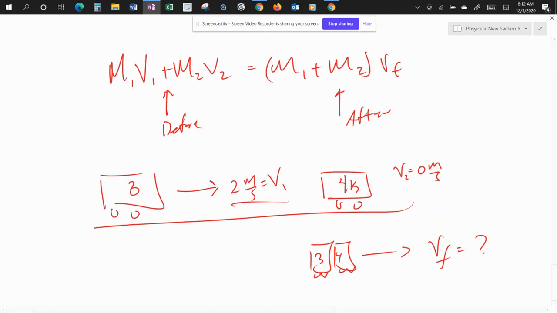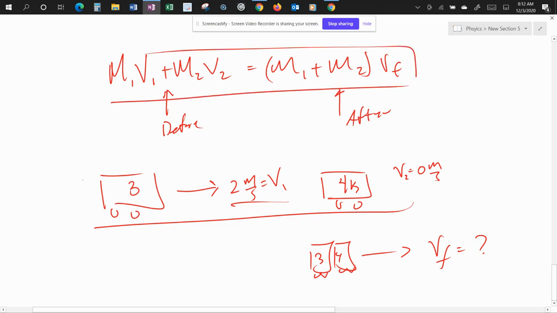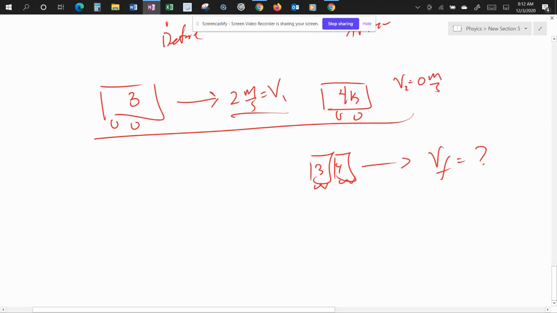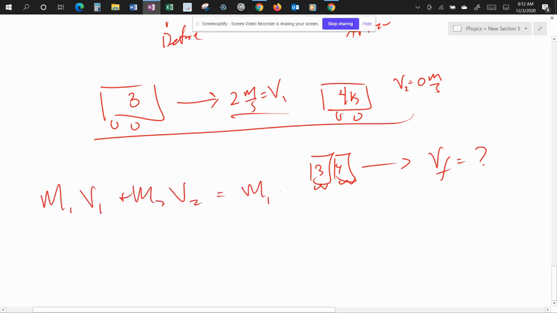So if I was to take this equation and dump all of this information into that equation, I end up with this here. I'll write it again. M1V1 plus M2V2 is equal to M1 plus M2 times VF. So I take the 3 here. It's this guy. His velocity is 2, right? Plus, I'll use parentheses. I don't really like to use the dot symbol.